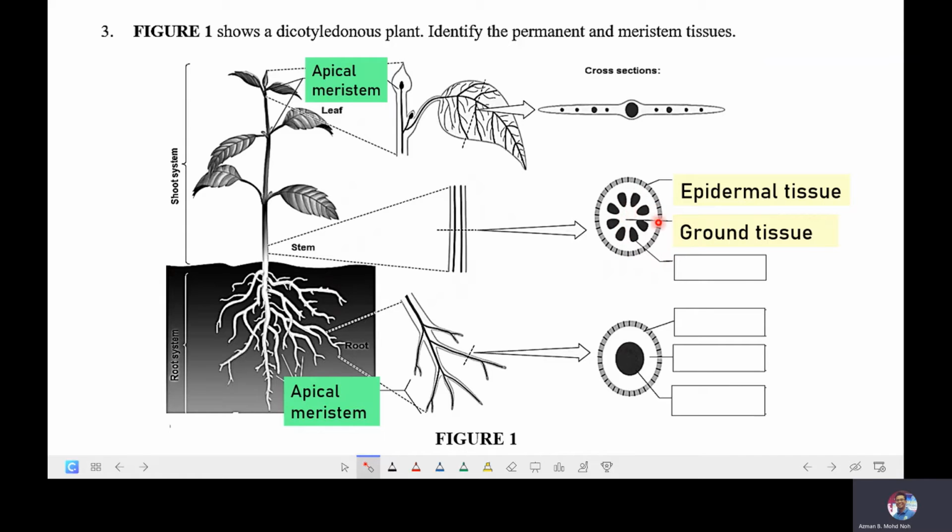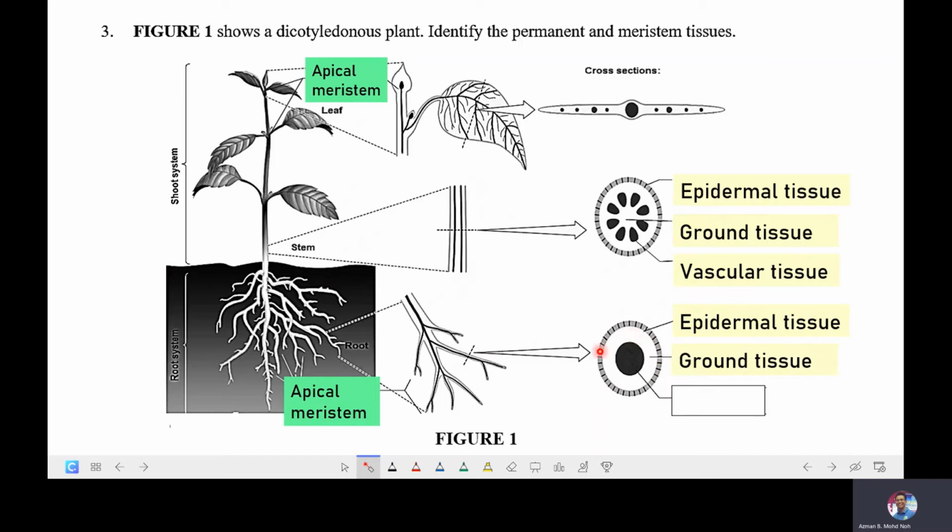Meanwhile, the dark ones over here will be the vascular tissue consisting of the xylem and also phloem. And if we look at the cross section of the root, again, the outermost layer will always be the epidermal tissue, and filling up this part of the plant will be the ground tissue, and in the middle usually will be the vascular tissue, the xylem and the phloem.